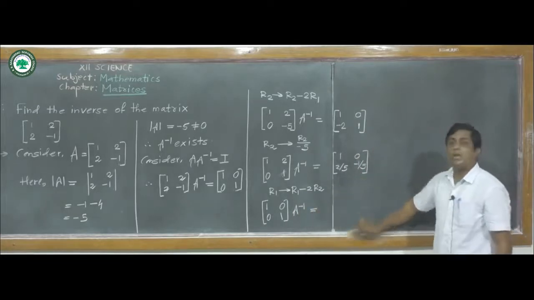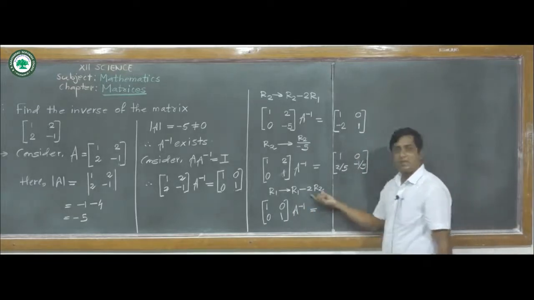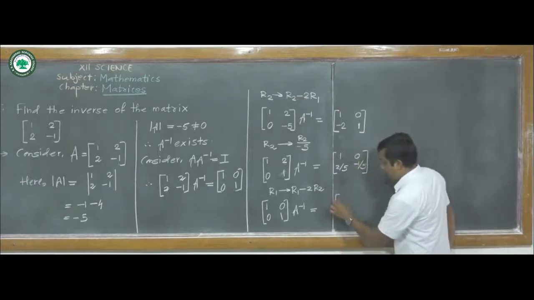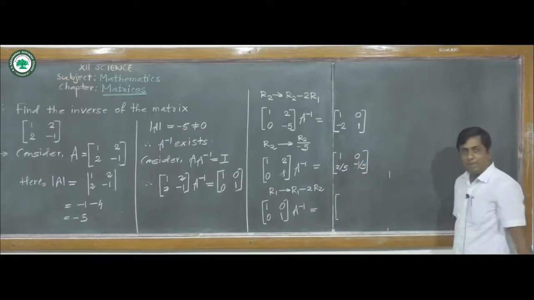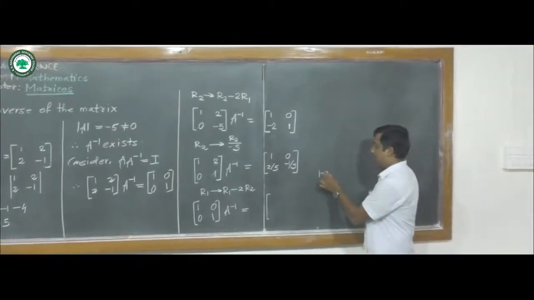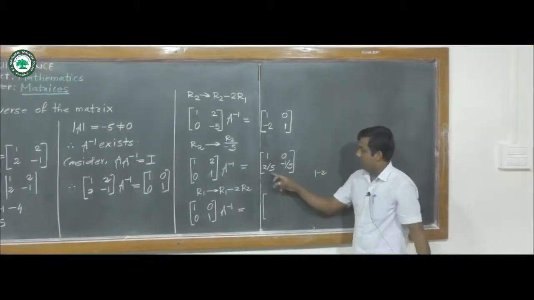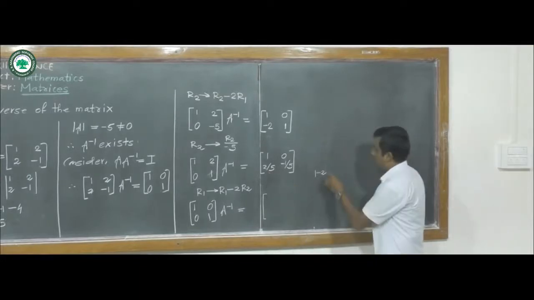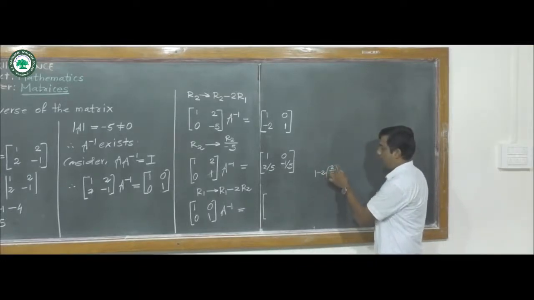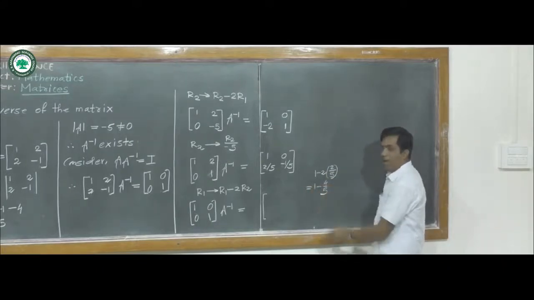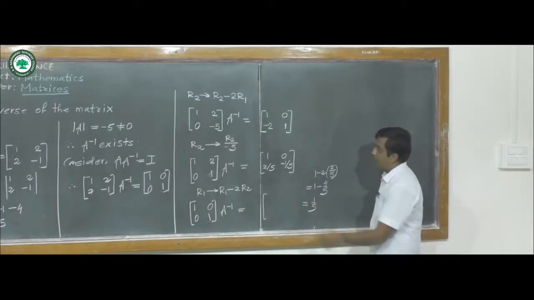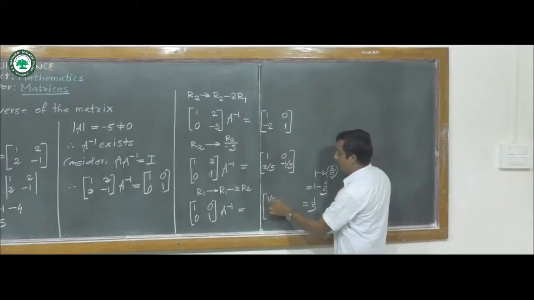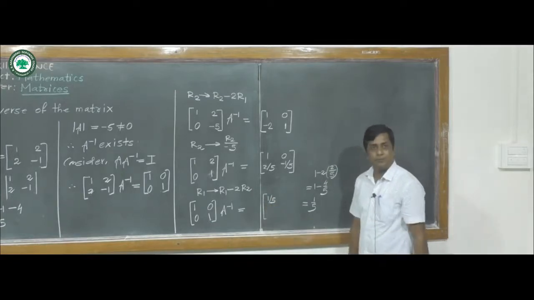to. Now in the RHS again we perform the same transformation. In the matrix, the first element from row first is 1, then with minus 2, the first element from row second is 2 upon 5, so in the bracket 2 upon 5. Now 1 minus 4 upon 5 is 1 upon 5, so in the position of 1 we have 1 upon 5.